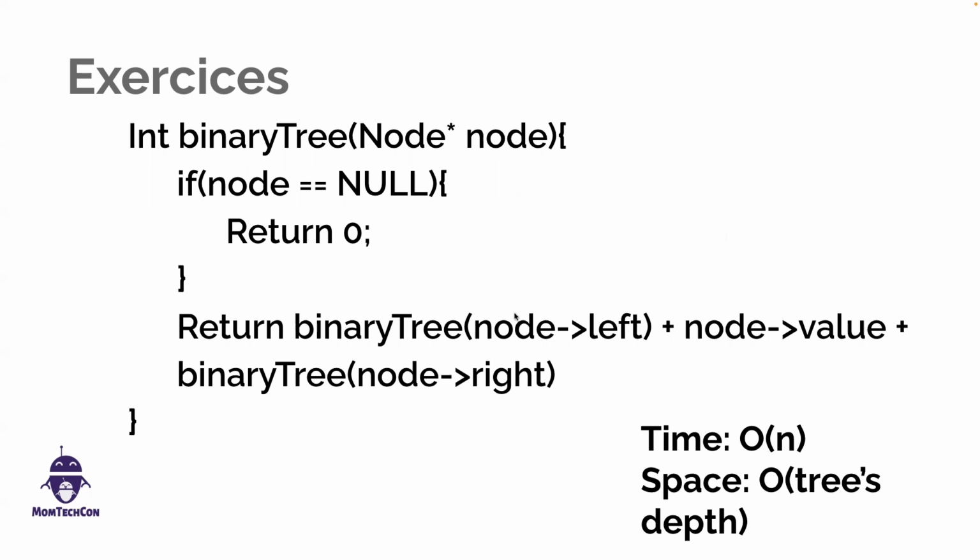We are looking at them only once. We start with the root, usually, and we're looking at the left node and the right node until we've looked at all the nodes of our tree. In terms of space, because we're using some recursion, we are going the deepest in our tree. The space that we are going to use is the tree's depth.